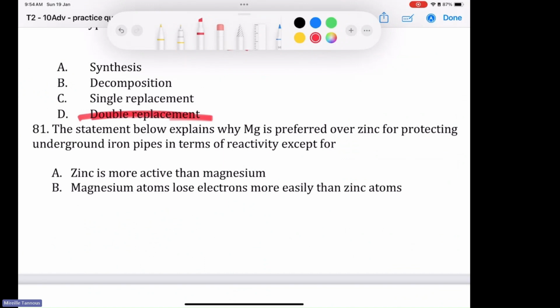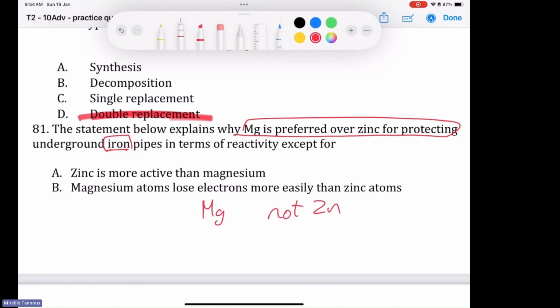Next, the statement below explains why magnesium is preferred over zinc for protecting underground iron pipes in terms of reactivity. Okay, so in the pipes that are made of iron, we prefer to coat them, to paint them with magnesium and not zinc.